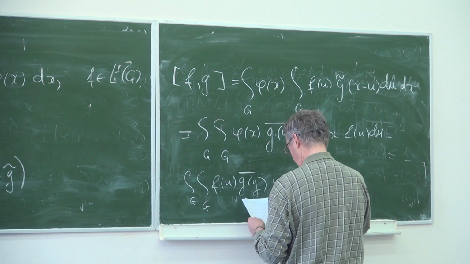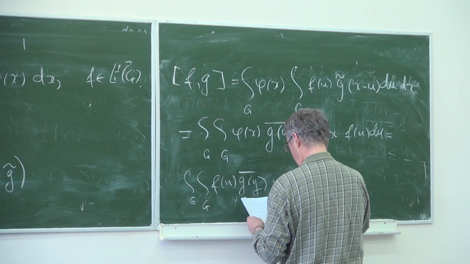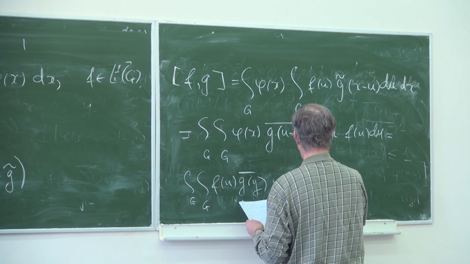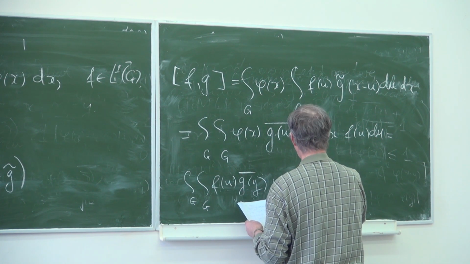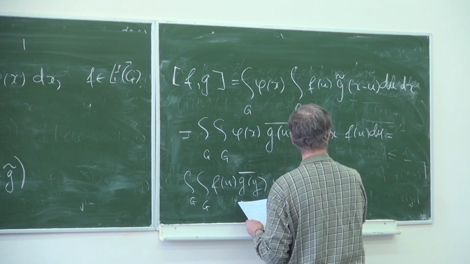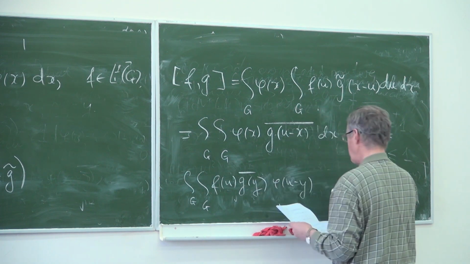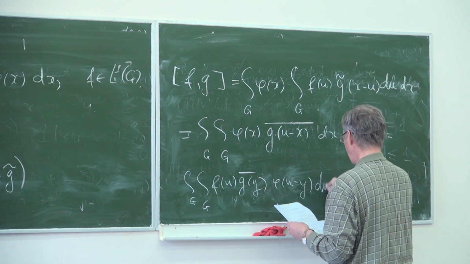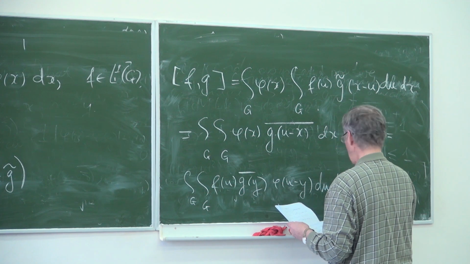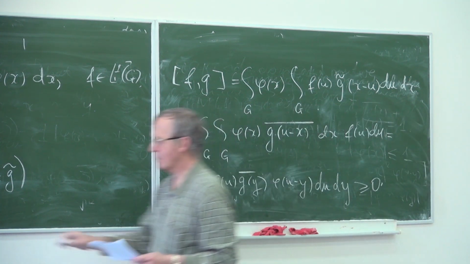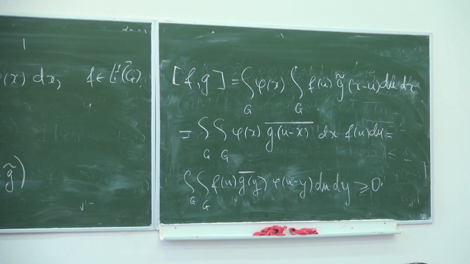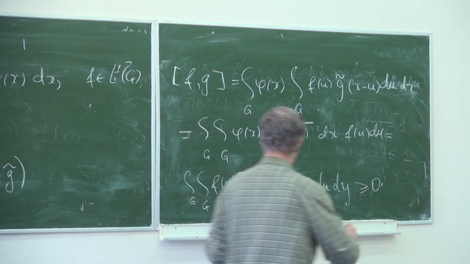Phi of u minus y. Seems to me, yes. U minus y, okay. And this is non-negative by this inequality. Non-negative if f is equal to g.